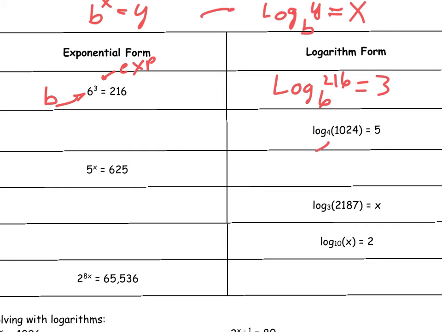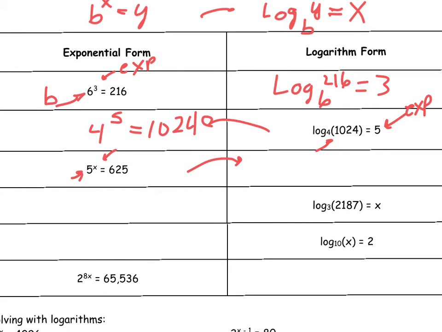So going backwards, here's my base 4, okay? Going back to an exponential form equation. Find your base, find your exponent, and there you go. This is 4 to the 5th equals the number part of it, which is 1024. So 5 is my base, x is my exponent.